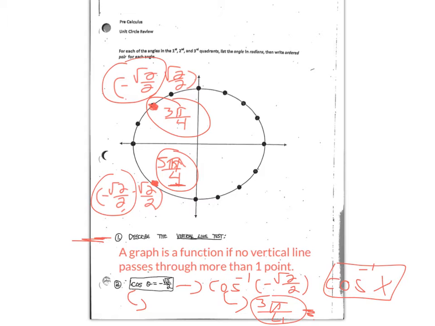All right. Now remember, vertical line test, it's stated there. A graph is a function if no vertical line passes through more than one point. All right. So in order to get the graph of the inverse, let's just get the normal cosine graph.